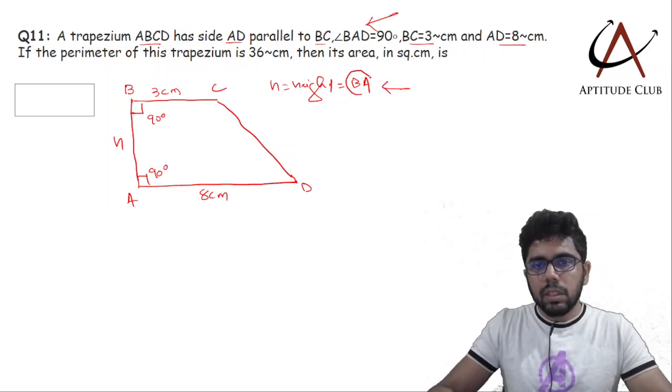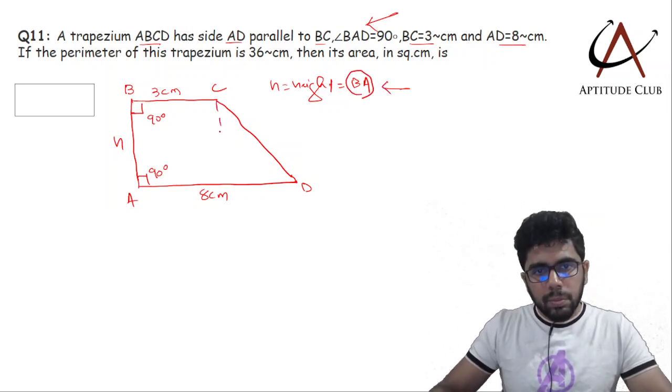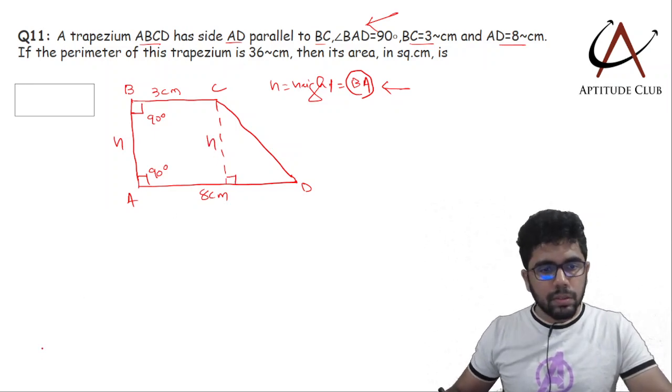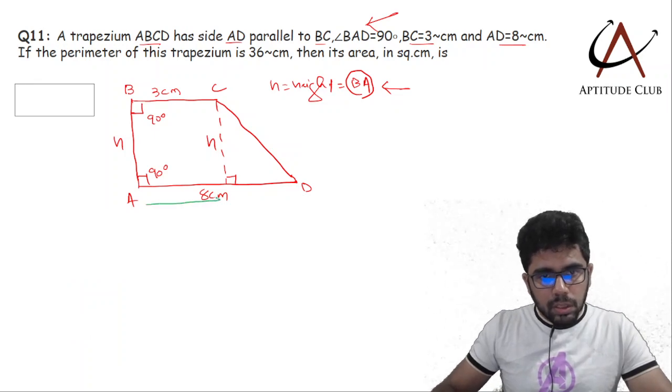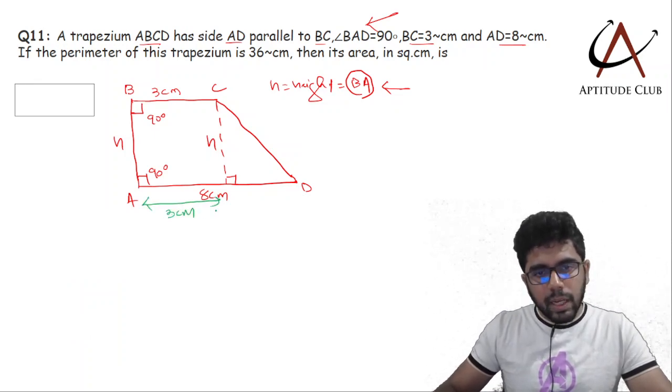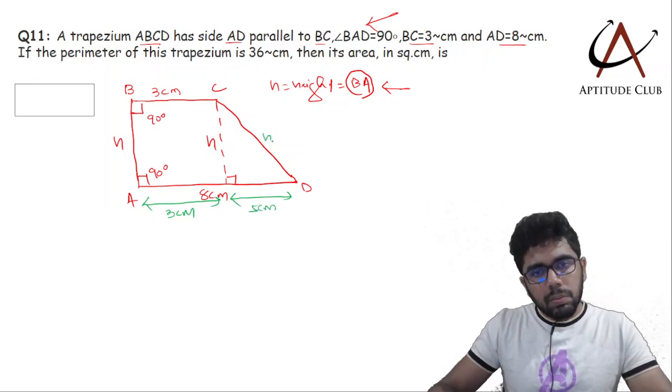This is the standard approach for a trapezium: drop a perpendicular here, this is H. So by that logic, this part becomes 3 cm and this part becomes 5 cm, because the total is 8 cm. So this side becomes the square root of H square plus 5 square.